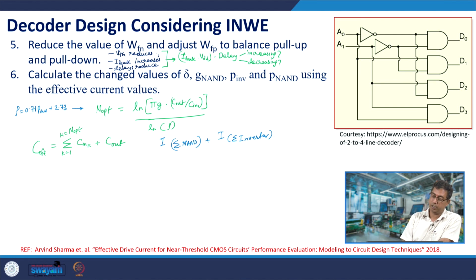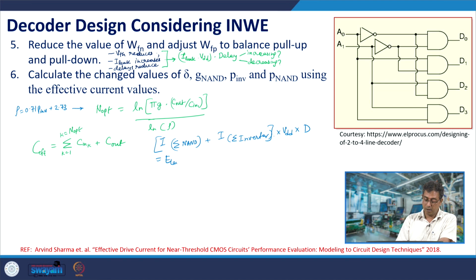This is the sum of leakage currents of all the NAND gates. This is the average leakage current into VDD into the delay of the decoder.